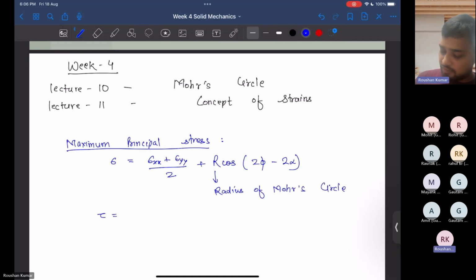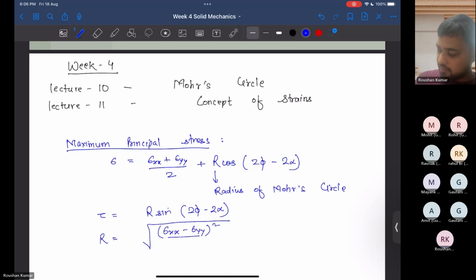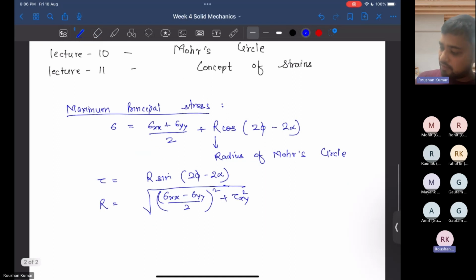Similarly, maximum shear stress is given by R sin (2 phi minus 2 alpha), where the radius is given by root over ((sigma xx minus sigma yy) by 2) whole square plus tau xy whole square, and the angle phi is given by tan 2 phi equals 2 tau xy upon (sigma xx minus sigma yy).